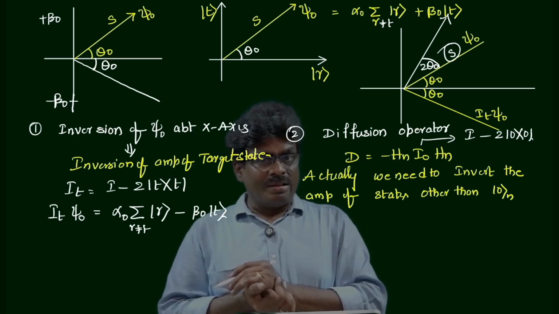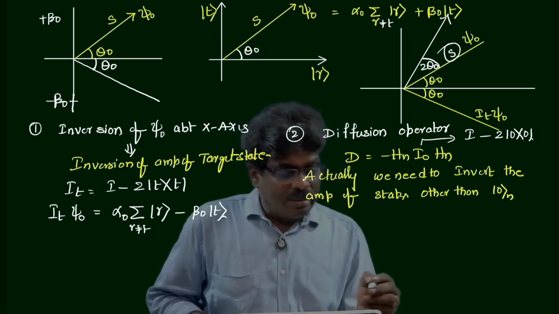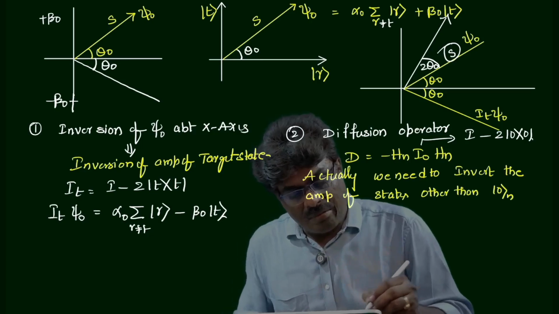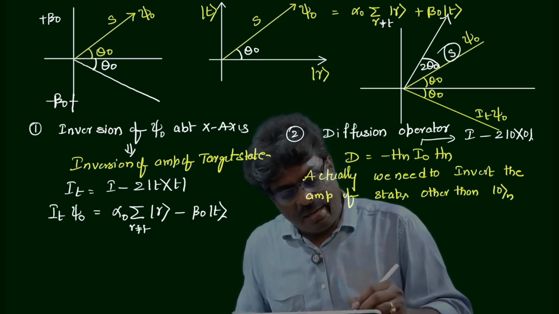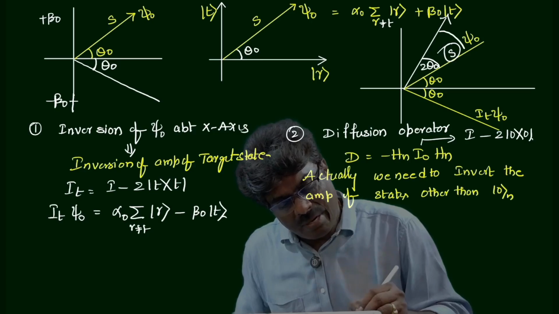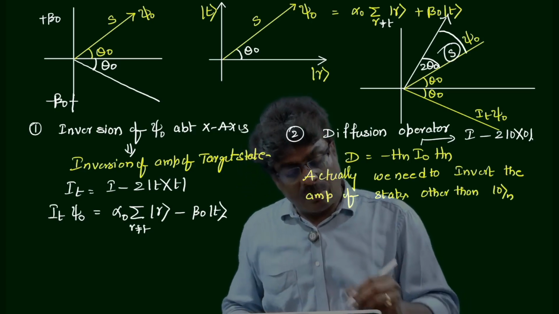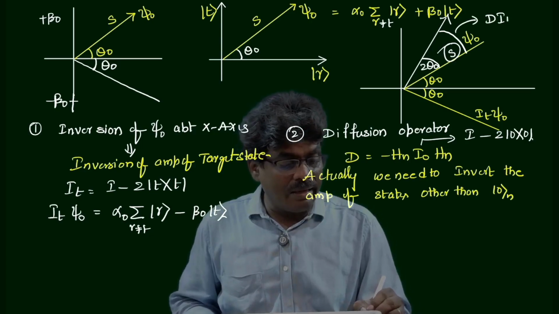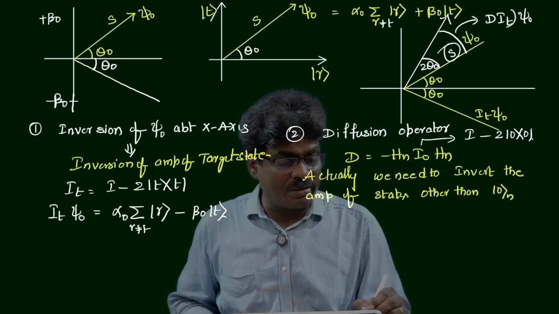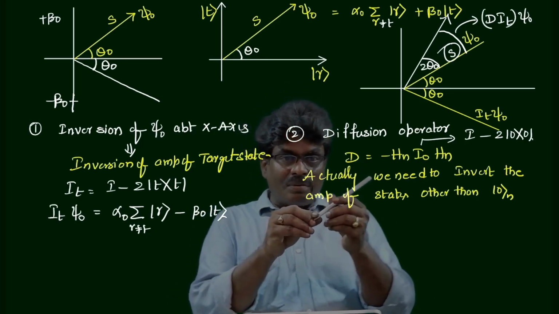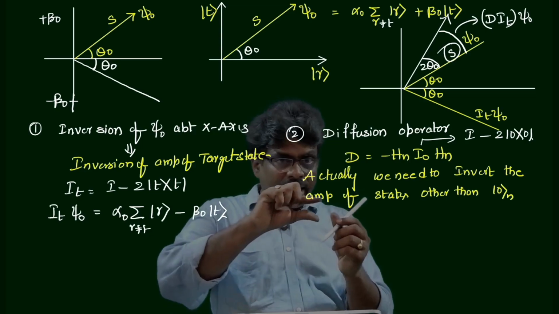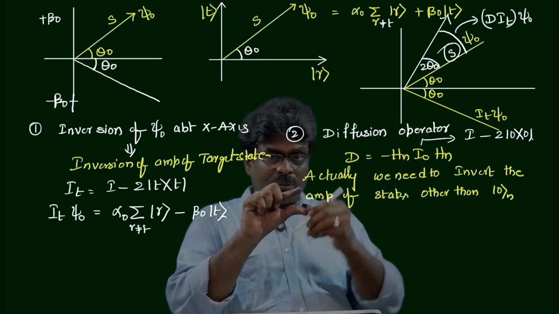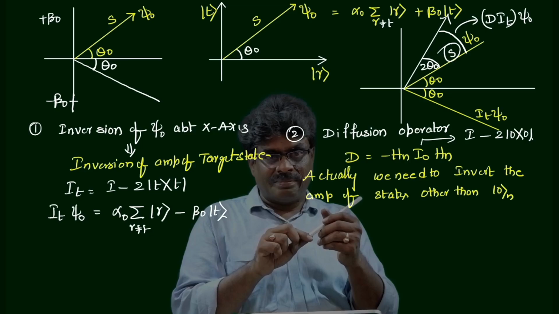If you observe carefully, this is our initial psi naught. Now I make one iteration, one operation. What operation have we done? This one: D I_T operates on psi naught. Then your final state makes an angle 2 theta naught with respect to the initial state psi naught.